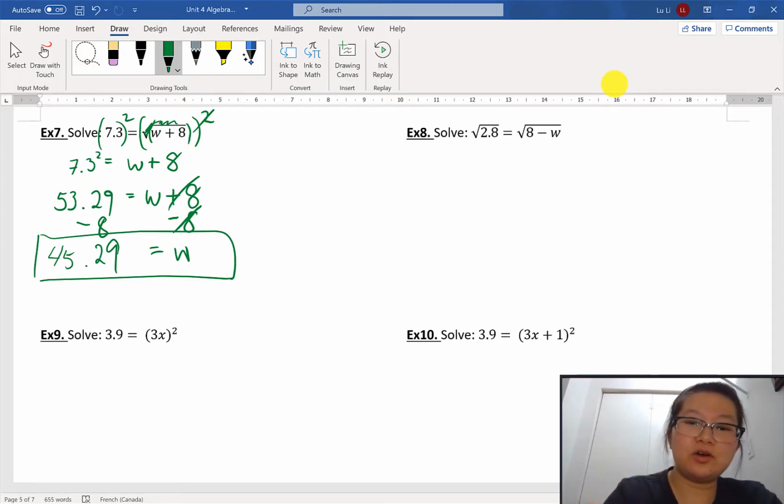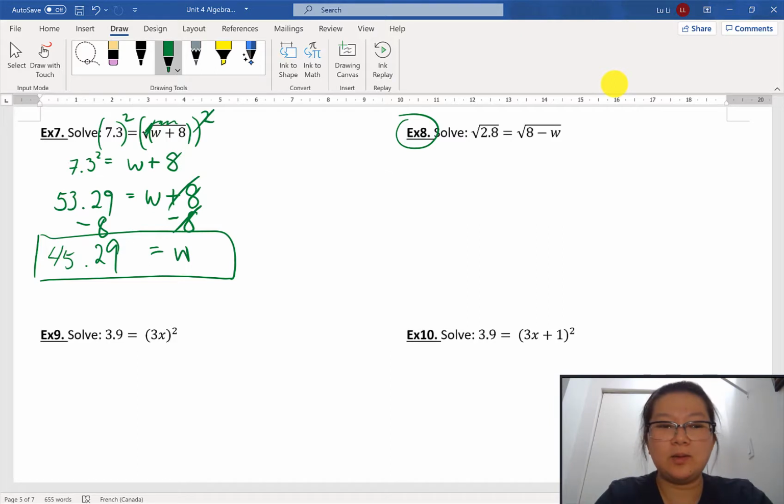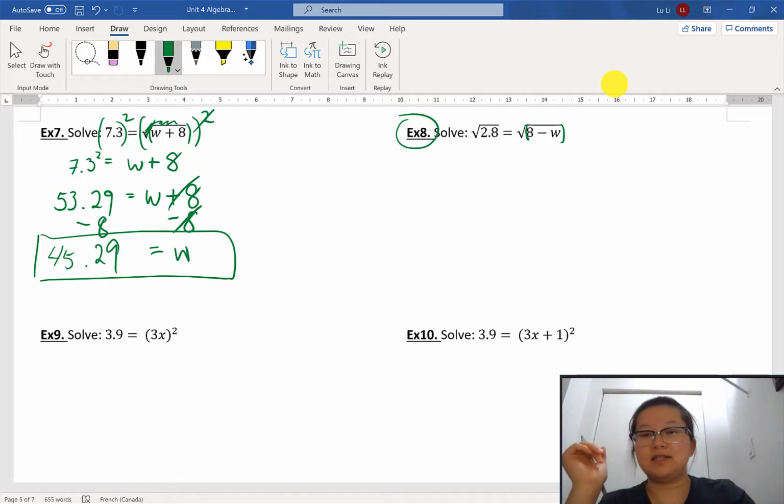Now, good. You're going to do example 8, so good time to pause the video. Okay, now let me go through it with us together. Again, you have a very similar situation where we need to get rid of this radical sign because we have some brackets here on the inside and the radical sign needs to go.